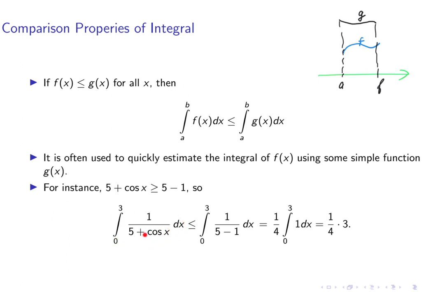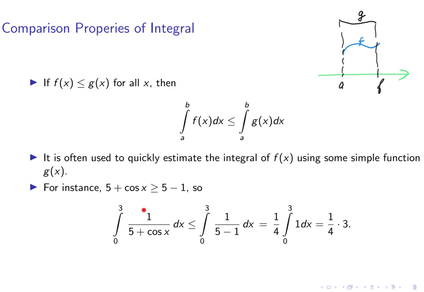First observe that cosine at the bottom is between -1 and 1. So the smallest value that this cosine can take is -1. And the smaller this cosine, the larger the overall fraction.